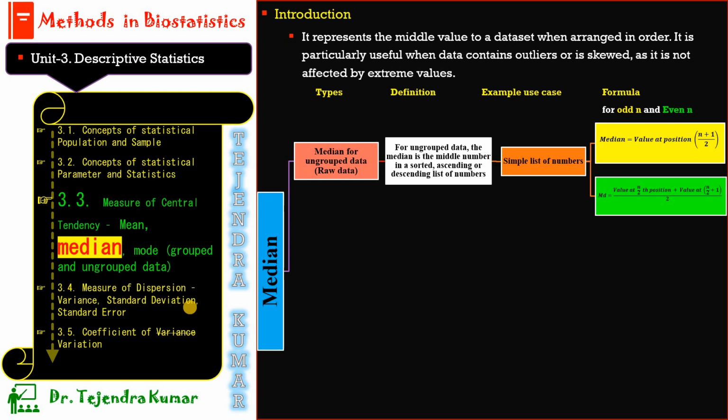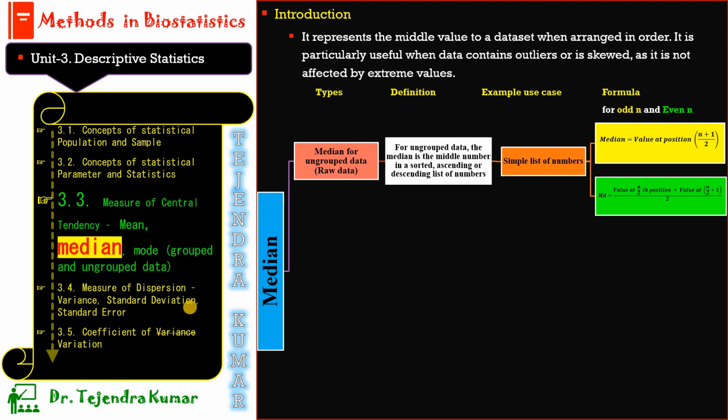So we can also say that the third is the middle value, because two values are on the left side, two values are on the right side, and one is the middle value. So in this way we can calculate the median for odd n. If n is an even number, then likewise we are taking 10 values.